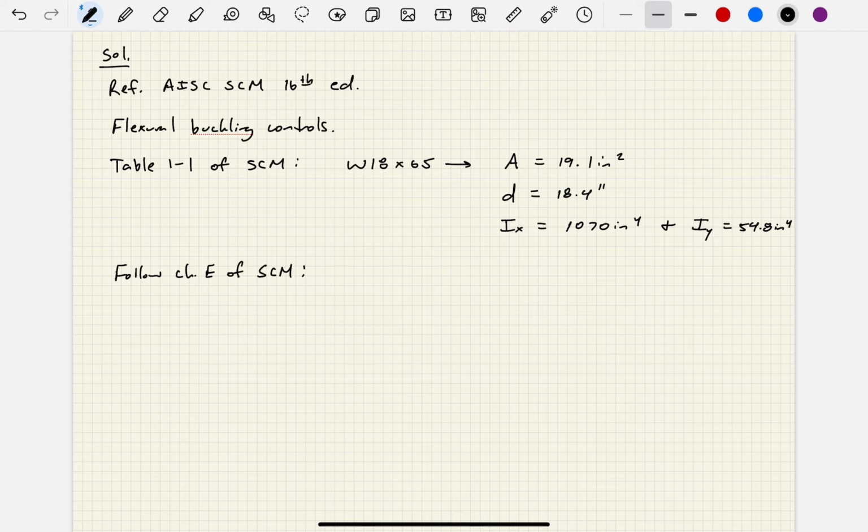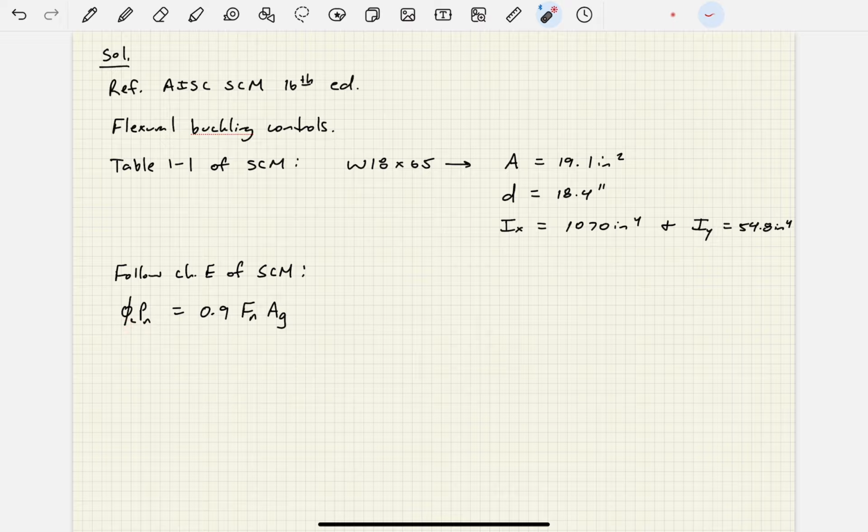All right, and so ultimately what Chapter E says is phi_c P_n is equal to 0.9 F_n times A_g, okay? And so A_g is the total cross-section area of our column. F_n is the nominal compressive stress of the column cross-section, and then 0.9 is our resistance factor, okay?